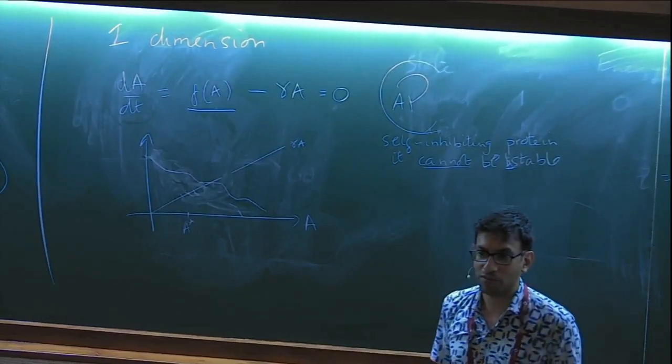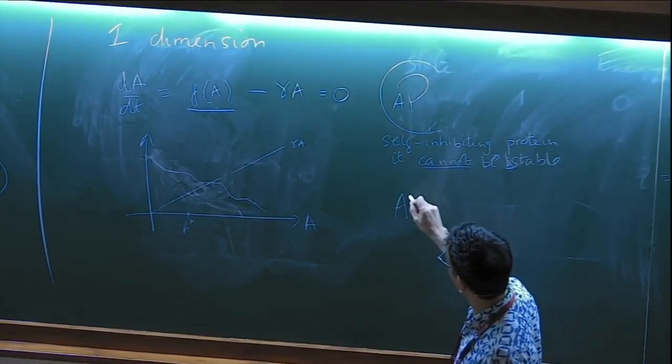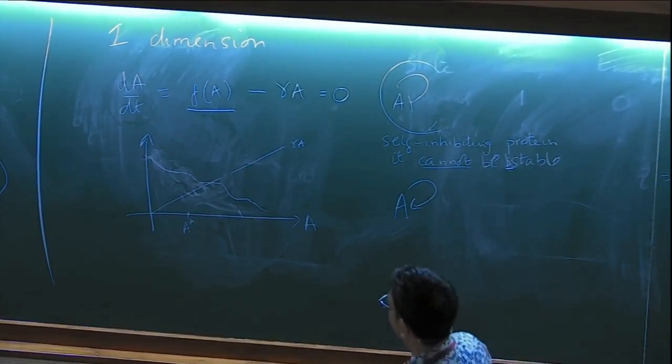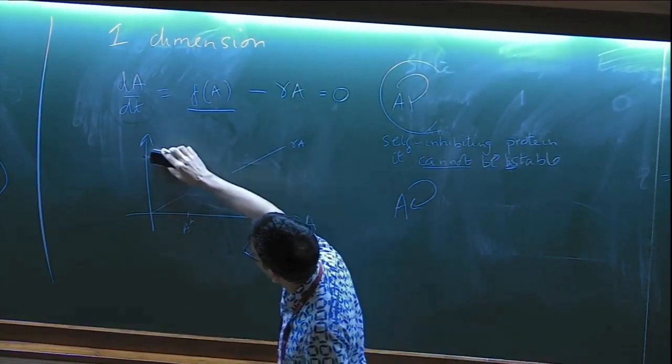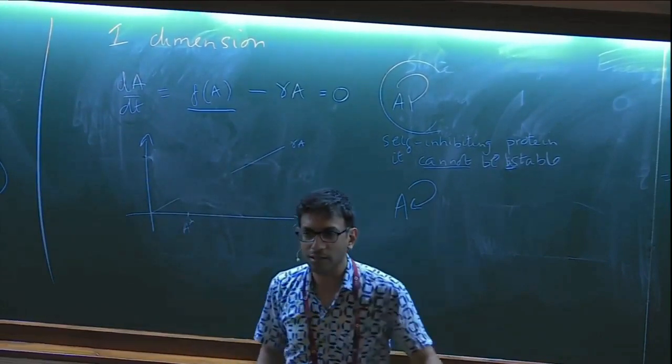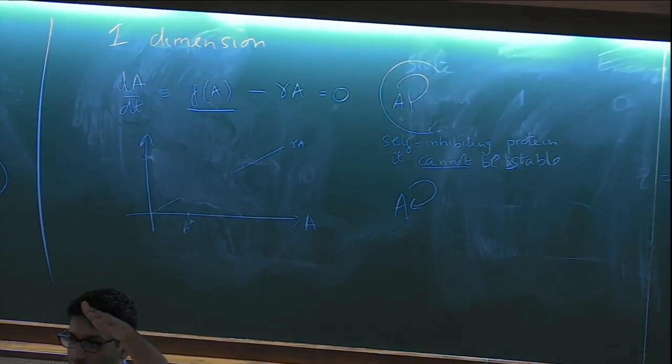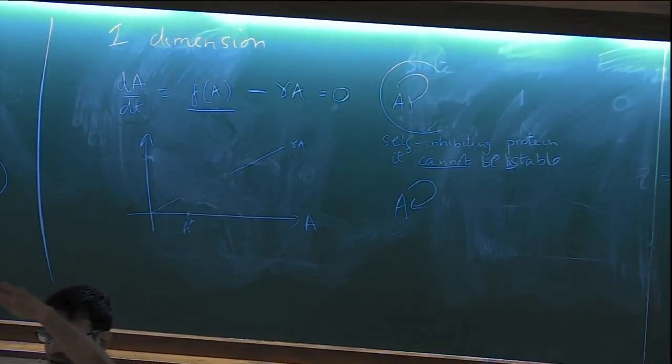So now the obvious thing would be to ask, what would happen if you were a self-activating protein? With the self-activating protein, we'll put a similar kind of condition, that the production rate should go up for certain concentrations. It might plateau out a bit, but it certainly can't come down. Then you wouldn't call it an activator. Yes?